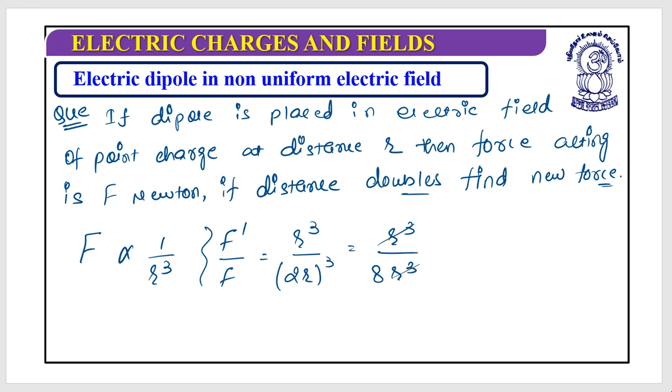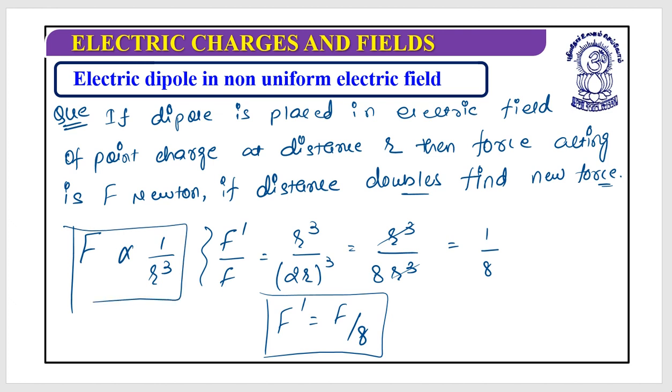This r cube is gone, and the remaining thing is 1 by 8. So this is the ratio. F dash is equal to 1 by 8th of the previous force, F by 8 Newton. Yes, very easy. But for that you need to remember this. If you are through with this, you can do it in a fraction of a second.